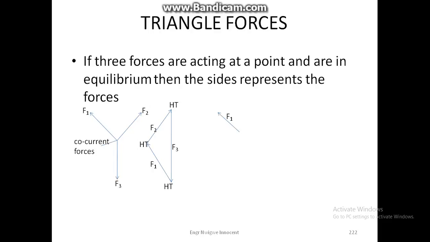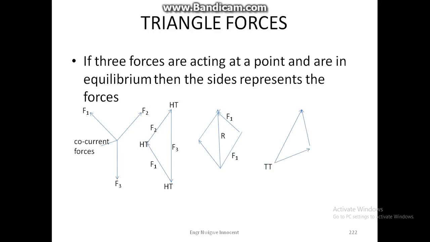The head of F3 and the tail of F3. Presenting them as a parallelogram of forces, we take one half of the parallelogram, and the diagonal is R, with F2, F1 and the R.